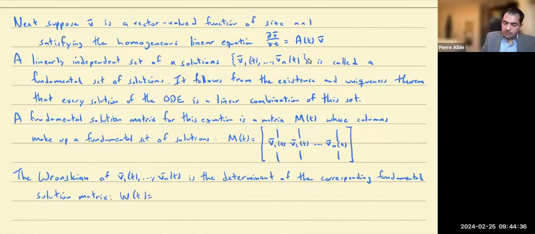So W of t, or if you want to include these functions you're using, W of v1 through vn of t would be the determinant of this matrix where you put v1 of t, v2 of t, up to vn of t as the columns.